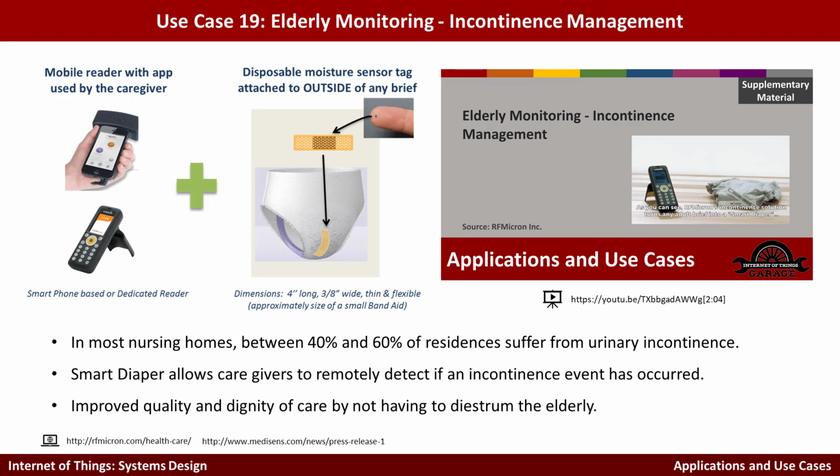Smart diapers allow caregivers to remotely detect this and change the diapers, which is convenient for the residents as well as helping nursing homes to manage more efficiently. I would like you to go and watch the full video of the use case.